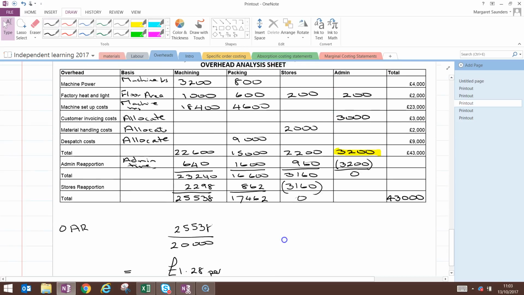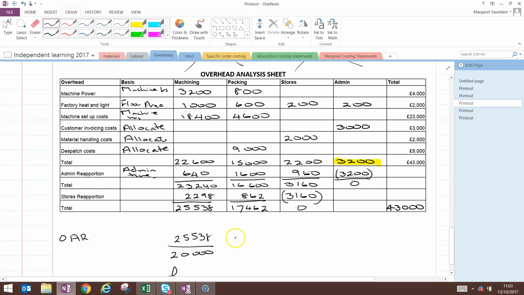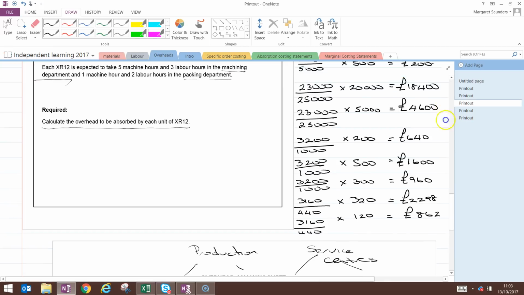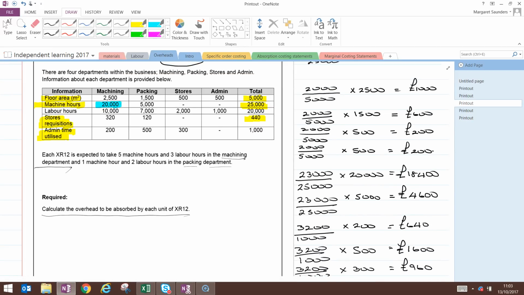Now we look at packing. The overhead 17,462. Divide by, we can divide by labour hours or machine hours. What information have we got? Well, we have both. We have a machine hour figure and we have a labour hour figure, but the higher figure is the labour hours, so we will use that.